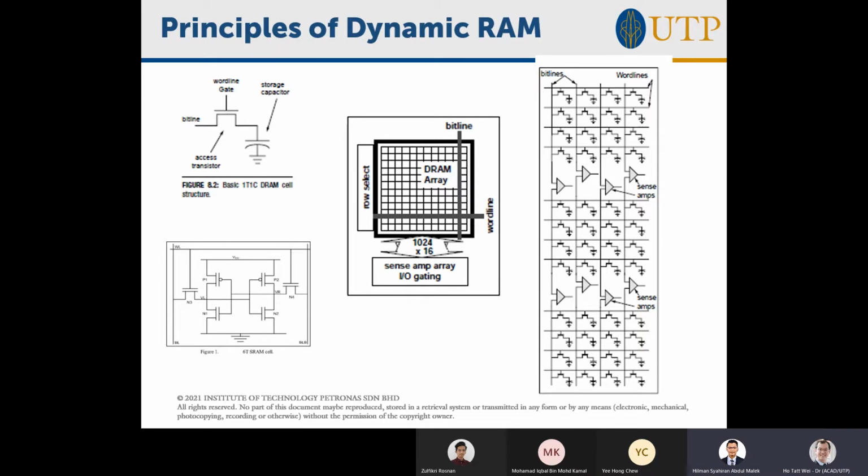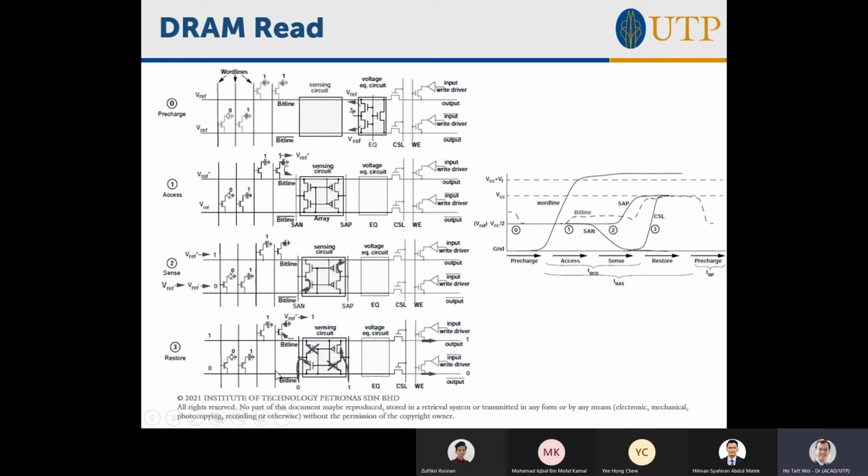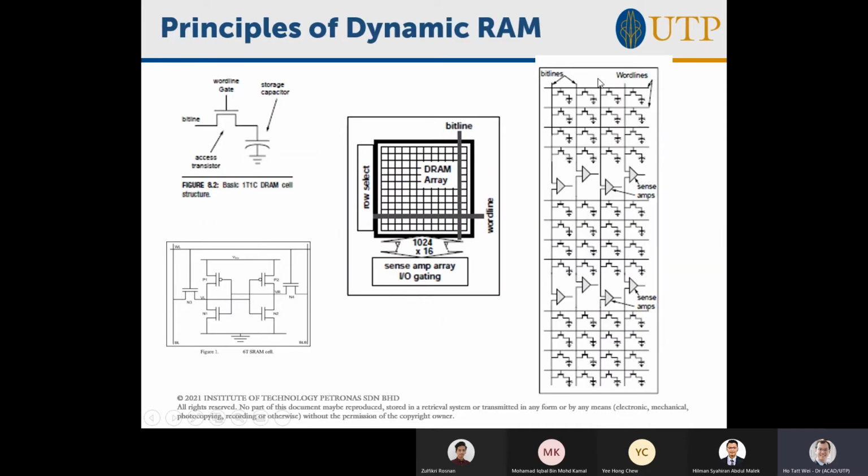Okay. The point here is I have already described to you that we access one bit by choosing the row, and then it does the access, sense, and restore, and then every bit in the row is put at the output already, but it's not all going to the output. I need to choose one bit out of this.